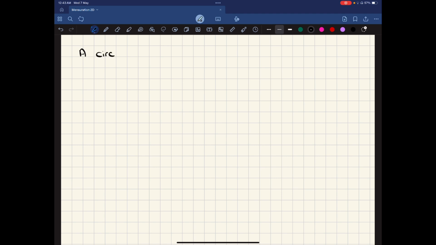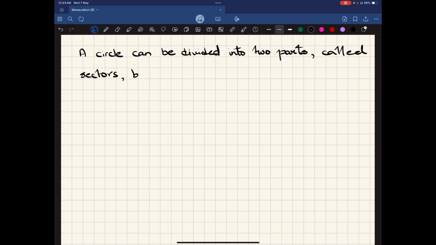So a circle can be divided into two parts called sectors by two radii. Okay, so this is the sector and it can be in any direction.